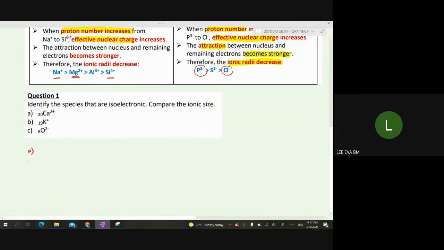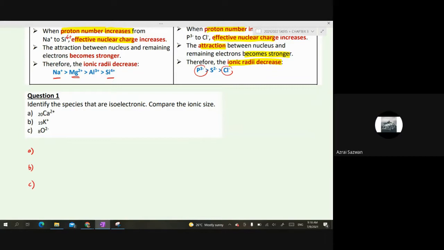Any suggestions? B. B with which? A. A. So how are you going to look at the isoelectronic species?